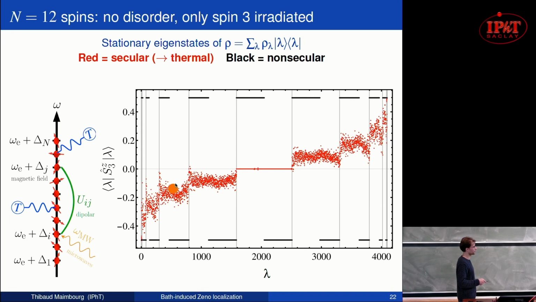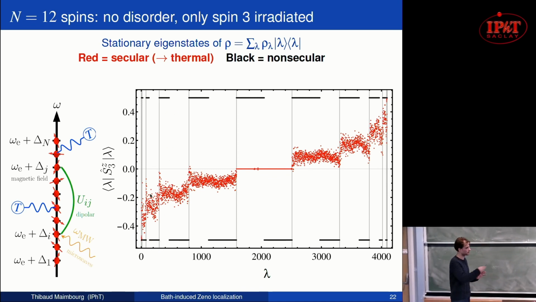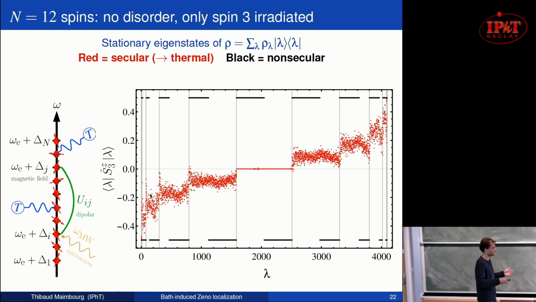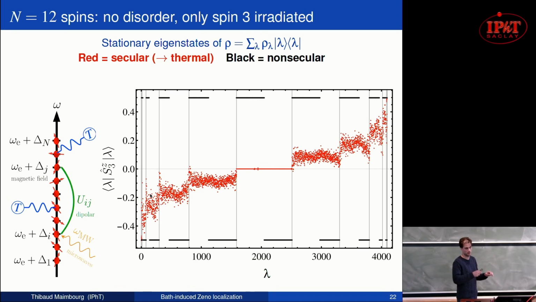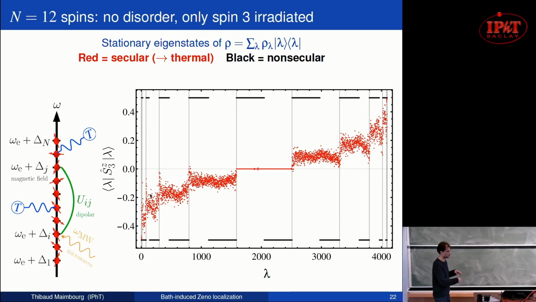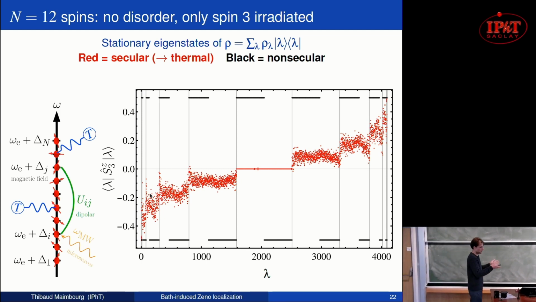In the secular approximation, you have this value here, which is basically the thermal value. While if you're doing the non-secular evolution, you see that it's plus or minus 1/2, and it's the same for all spins, which means that in this unrealistic case, the eigenstates of the density matrix are really the plus minus local spin basis, not at all the ETH one, which mixes all the spins. So it's localized due to the interaction with the bath in this sense.